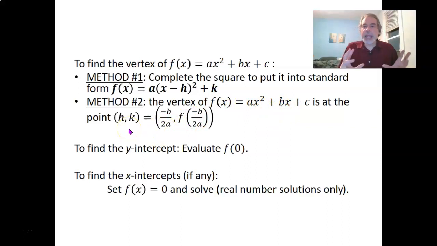And then k, the y-coordinate of the vertex, would be f of that number. That makes sense, because once you have a number for x, you plug that in for x, and whatever comes out is the y that goes with it. The y is the f of x. So that's how you can find where the vertex is.